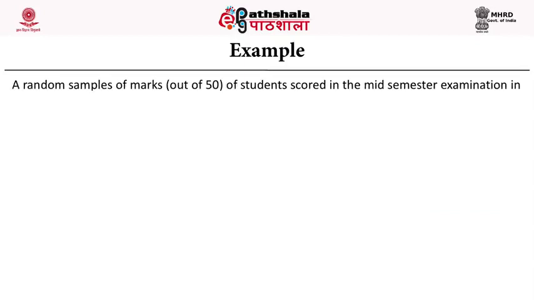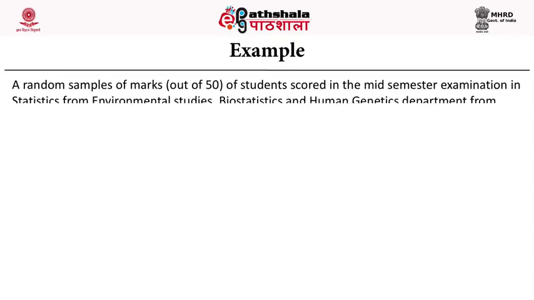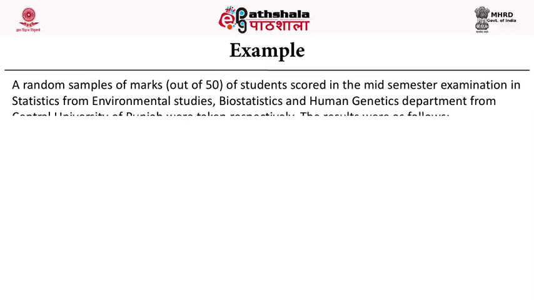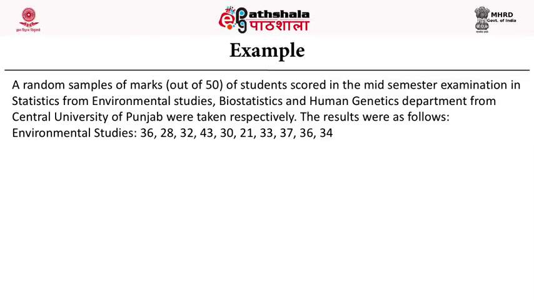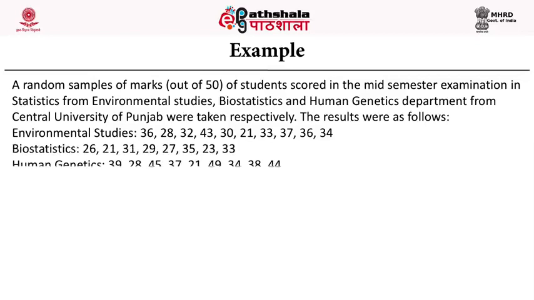This is an example that will help you understand how we can apply the ANOVA table in practical life. A random sample of marks out of 50 of students in the mid-semester examination in statistics, from the environmental studies, biostatistics and human genetics departments of Central University Punjab, was taken. The results were as follows, and we have observations for the environmental studies, biostatistics and human genetics students, representing the marks of the students.